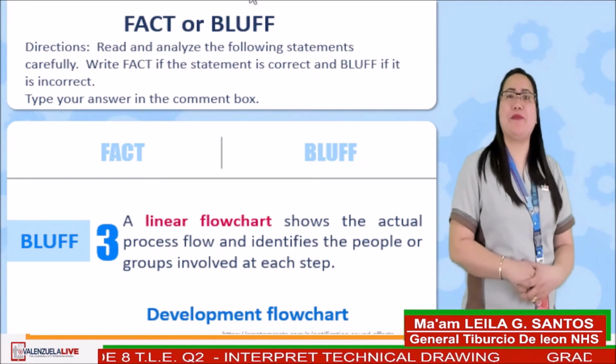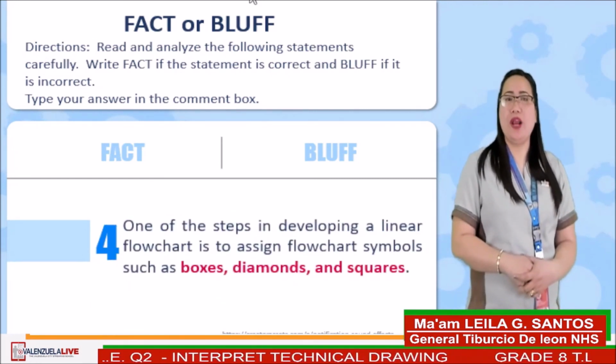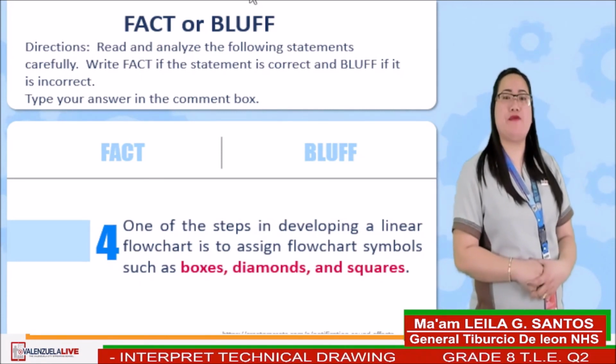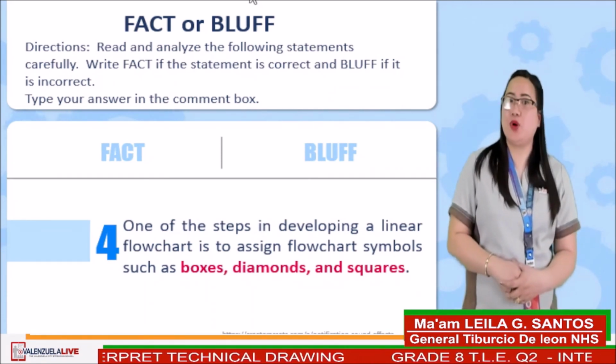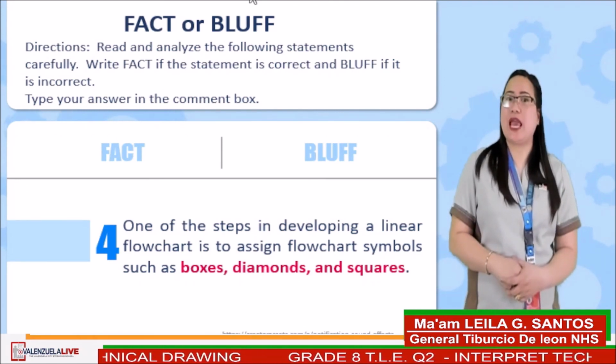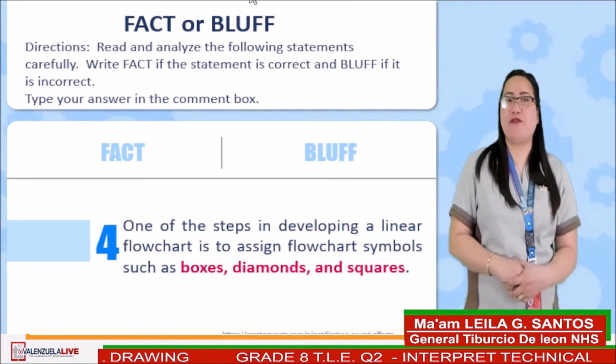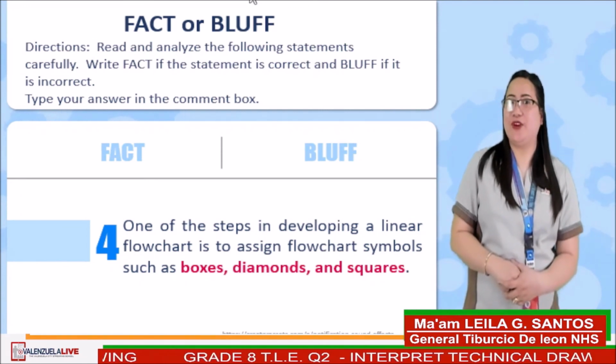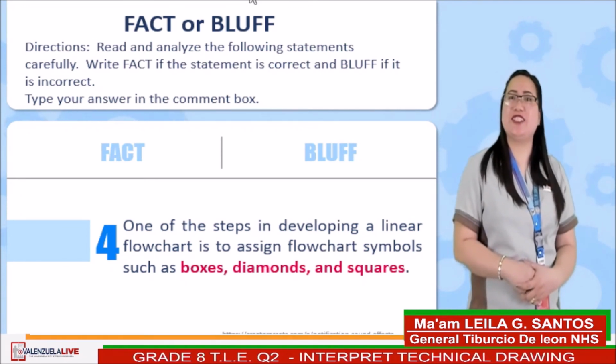Next is item number 4. One of the steps in developing a linear flowchart is to assign flowchart symbols such as boxes, diamonds, and squares. Is it a fact or a bluff? Your timer starts now.